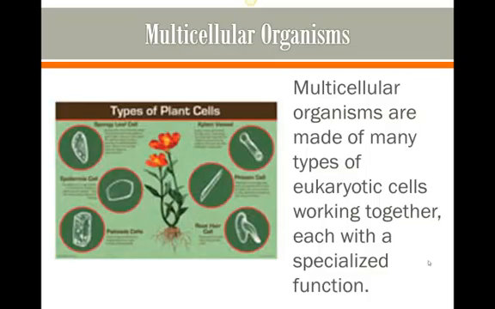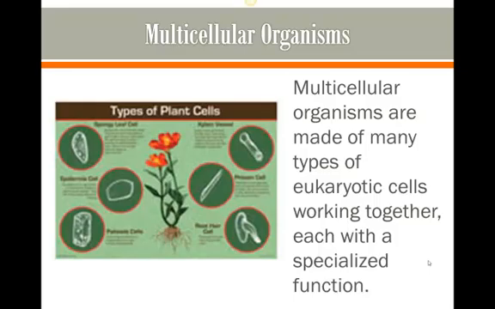Multicellular, many-celled organisms are made of many types of eukaryotic cells. It's not like all of the cells are the same. Take a human body, for example. You have skin cells, muscle cells, nerve cells, neurons, which are cells, and blood cells. So you have all different kinds of cells working together, each cell having its own specialized function or functions.